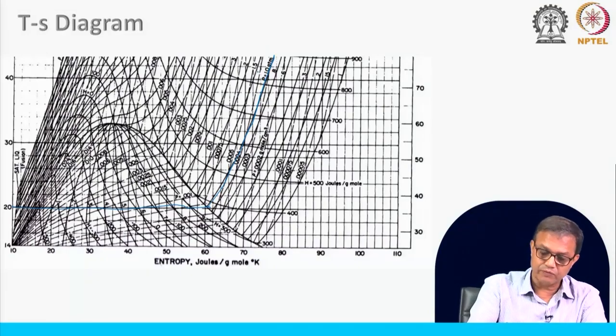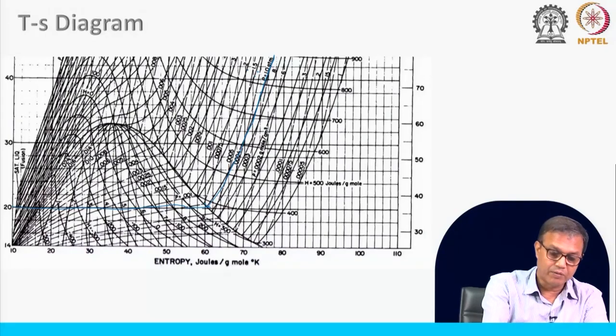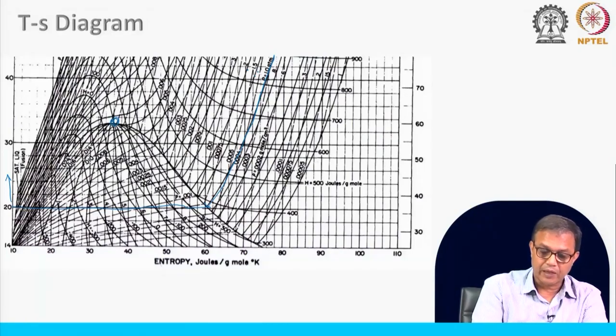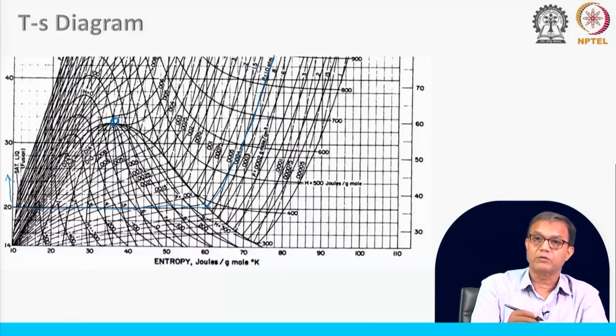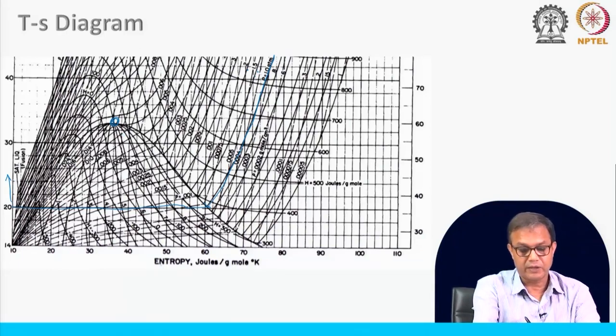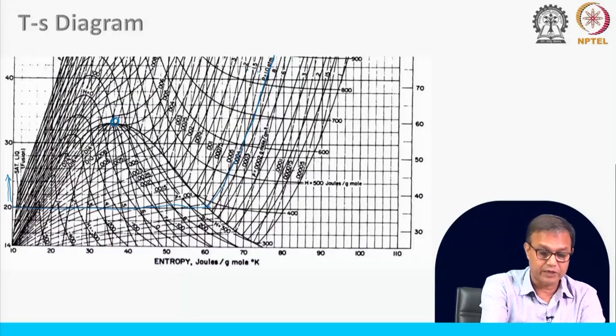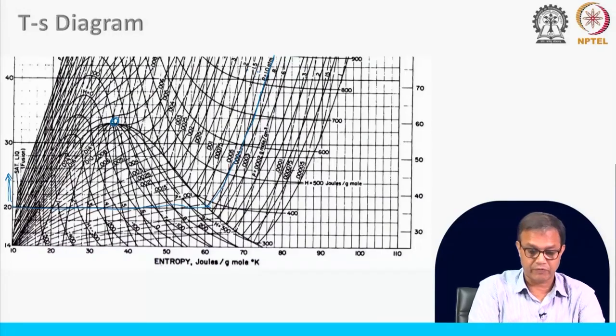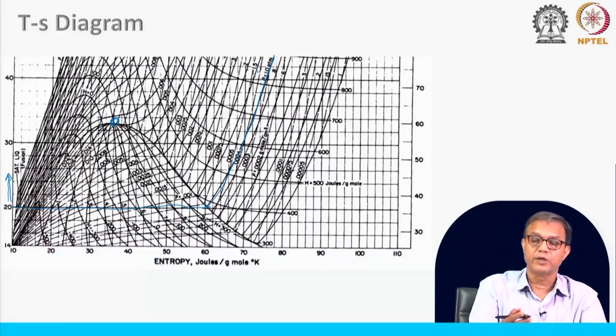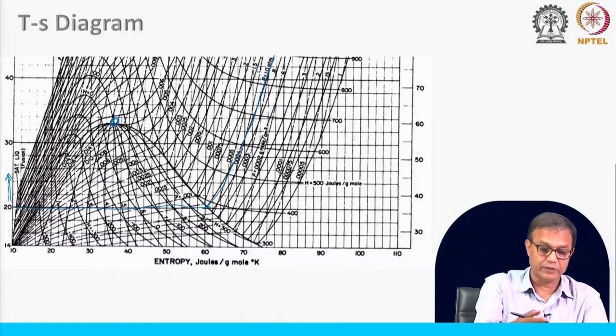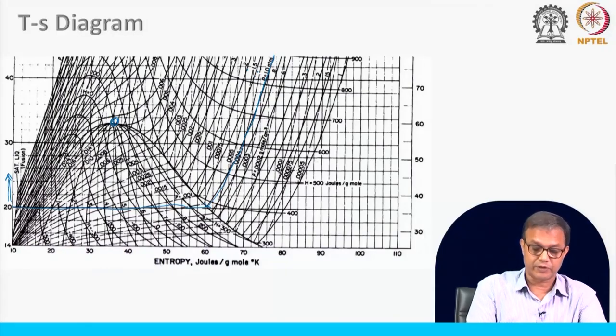So, as you increase the pressure from 1 atmosphere to 1.5 to 3 like that, the boiling point keeps on increasing, and this is the triple point. So, with the increase in pressure on top of the liquid, there is a corresponding increase in the boiling point of the liquid, or in other words, if we reduce the pressure on top of the liquid, it boils at a lower temperature.